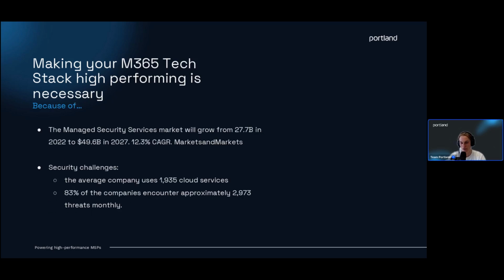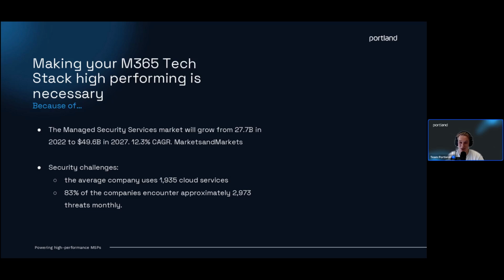To give you a bit of insight about the growth of the market, the managed security service market will grow from 27.7 billion in 2022 to almost 50 billion in 2027. That's a 12.3% compound annual growth rate. Of course, next to the growth of the market, we have security challenges. The average company uses 19,935 cloud services, and 83% of companies encounter almost 3,000 threats per month.